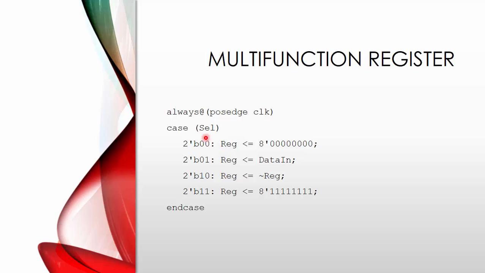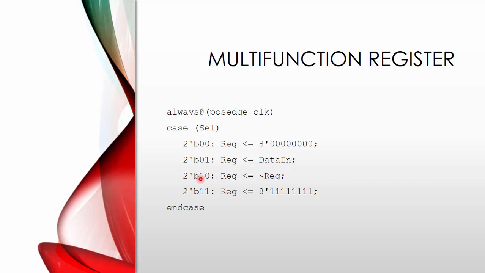So we have a case block like this with, if the selector is 0, we assign the register with all 8-bit of 0. If it is 0, 1, we want the operation of parallel load from the outside. So we assign register with non-blocking assignment from data in.